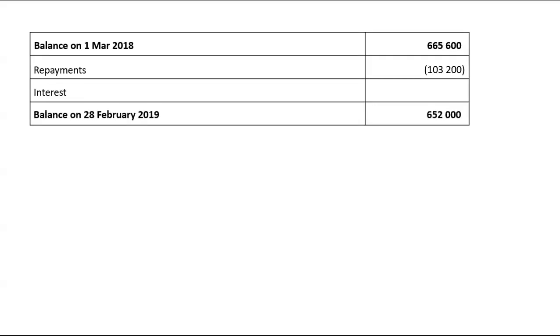So to get the interest amount, you will take the balance at the end, add your repayments, and then minus the balance at the beginning. It'll give you your interest expense, which will be 89,600.